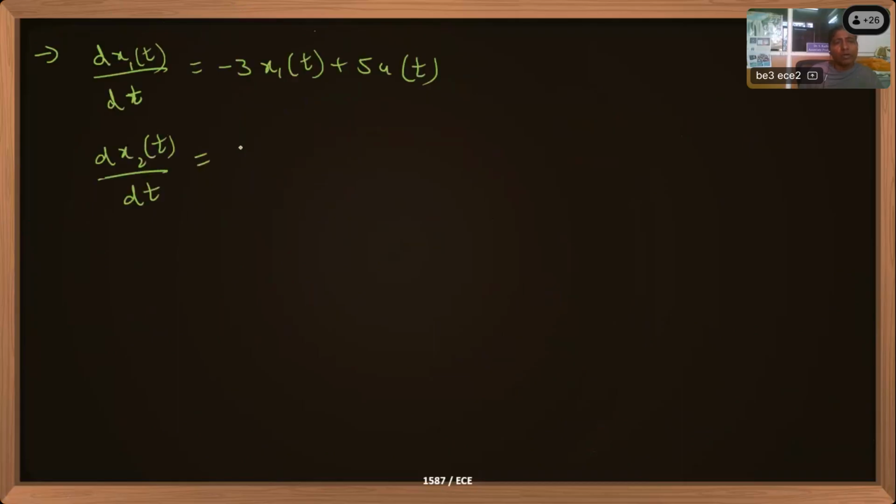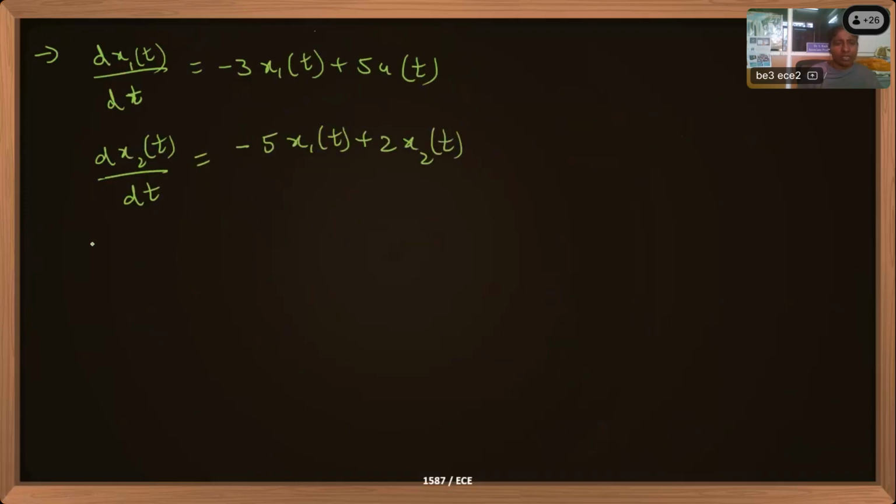So if you have the differential equation form: dx1 of t by dt equal to minus 3 times x1 of t plus 5 times u of t. Then dx2 of t by dt equal to minus 5 times x1 of t plus 2 times x2 of t.